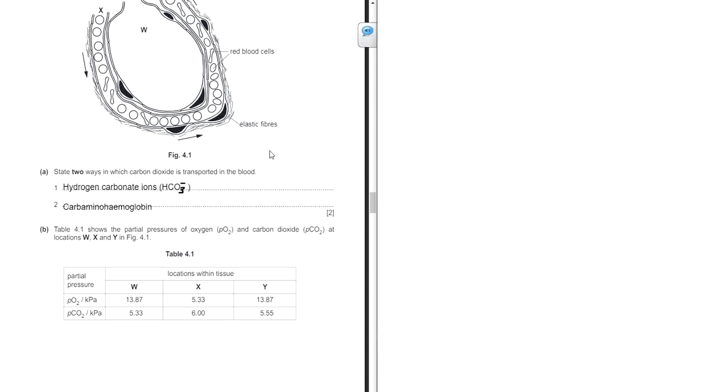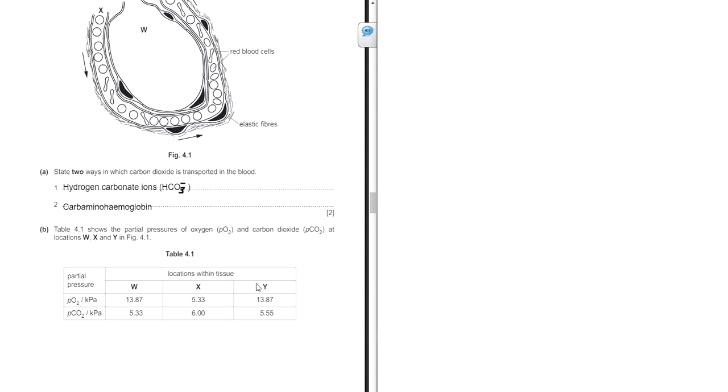Okay, question 4b. Table 4.1 shows the partial pressures of oxygen, PO2, and carbon dioxide, PCO2, at locations W, X, and Y. Here we see the partial pressure in kilopascal at the three locations.